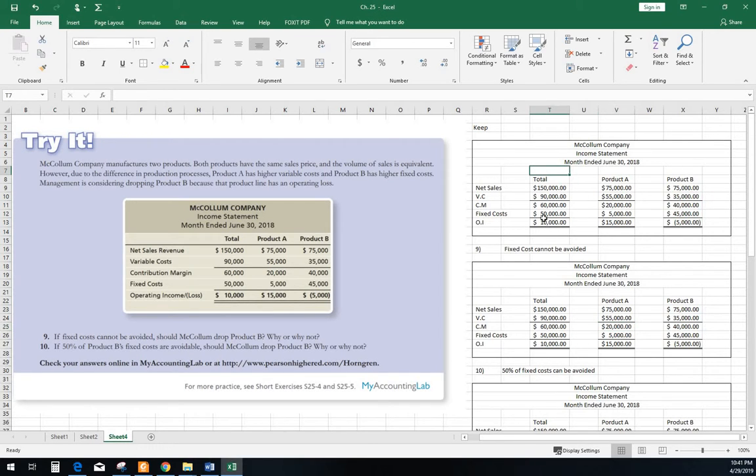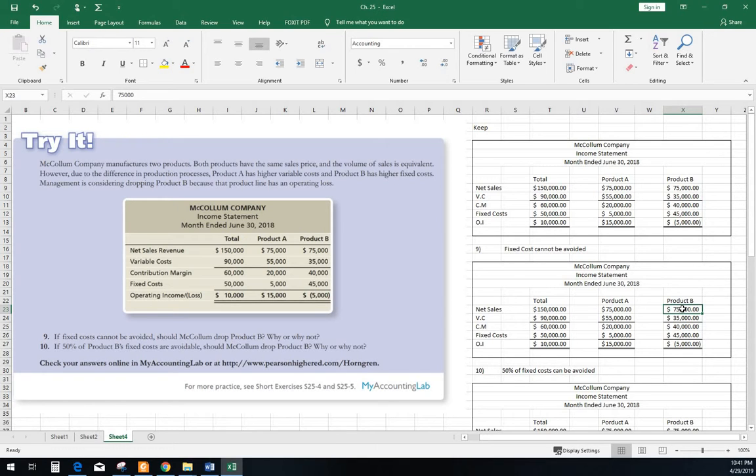So the top one is the keep scenario. All the data is exactly the same as it currently is. And then we will change this bottom income statement using the drop scenario data.